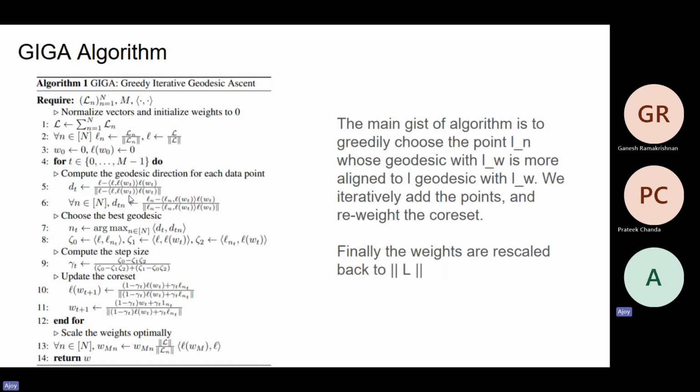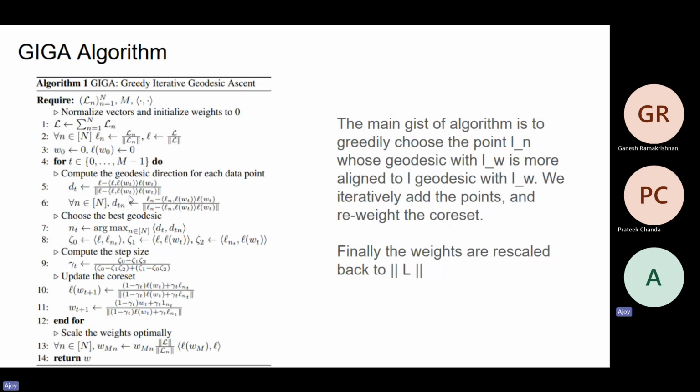So basically this is seen from a geometrical perspective. In each step we will be more aligned to the core set.